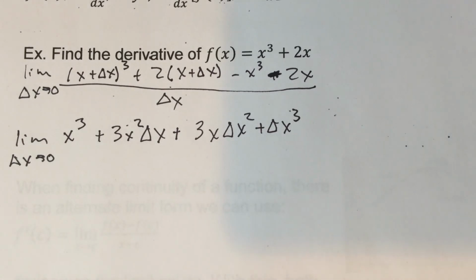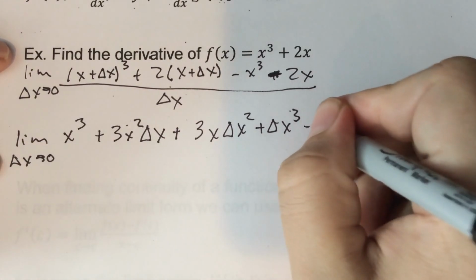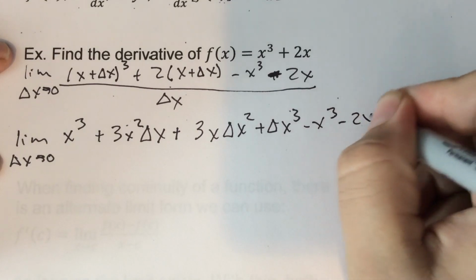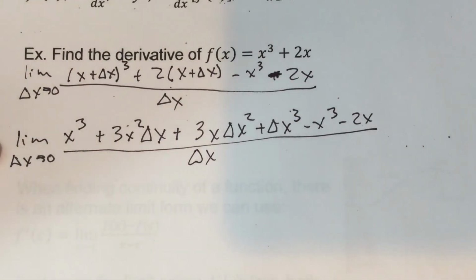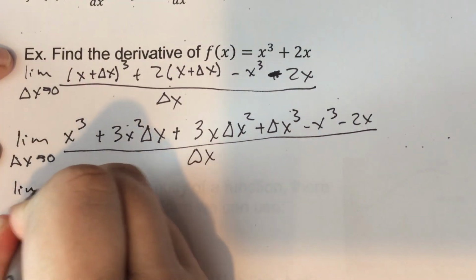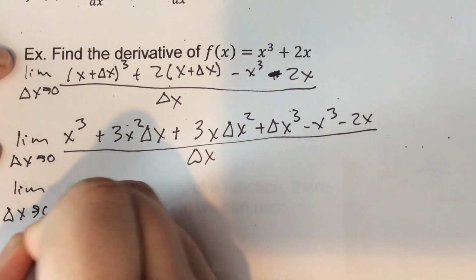So from there we continue on over minus x cubed minus 2x all over change of x. So limit as change of x goes to 0.